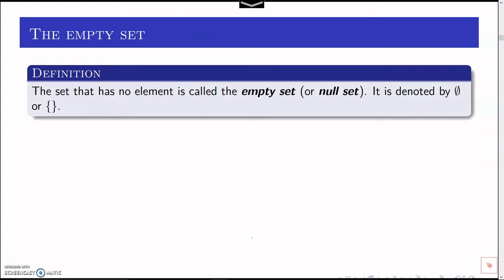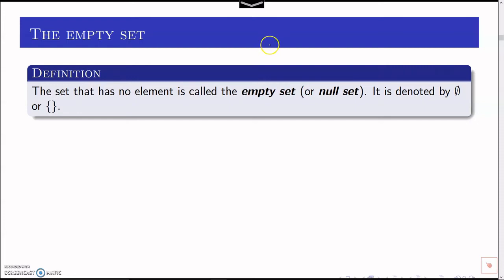Empty set. Now you can think of a set as a box which has some well defined objects. Because I'm thinking of a set as a box, it is possible that the box is empty also. In the same way, we have an empty set. The set that has no elements is called the empty set.